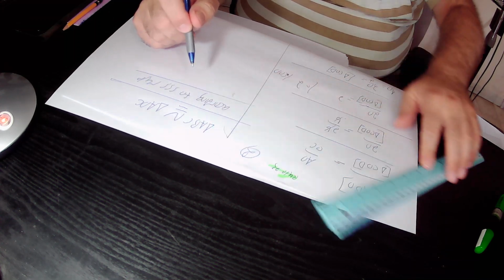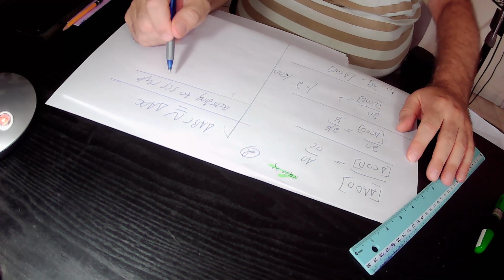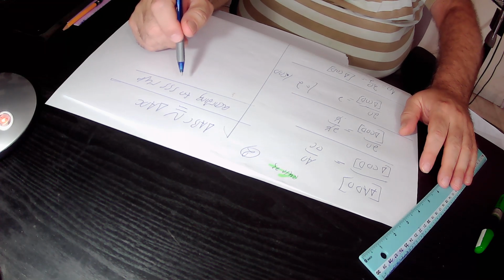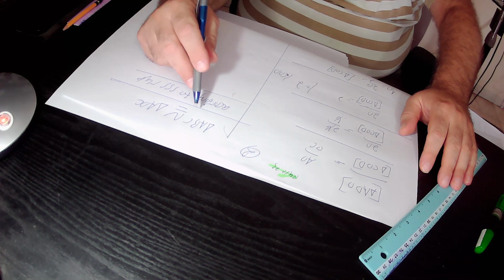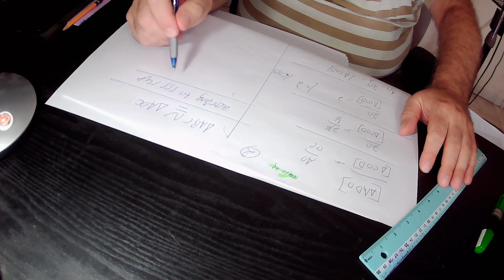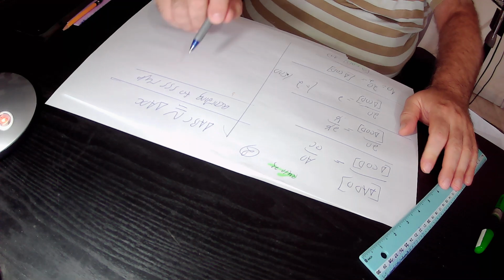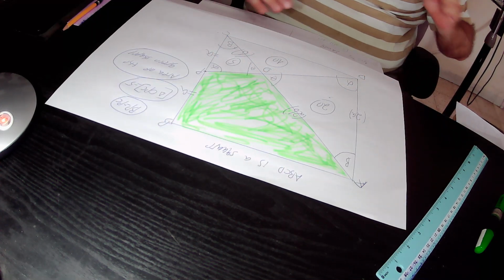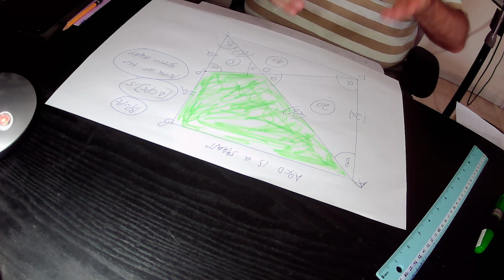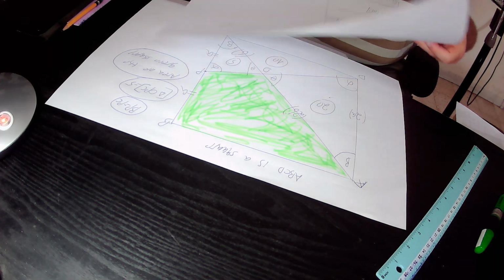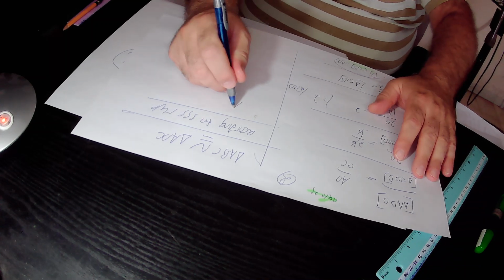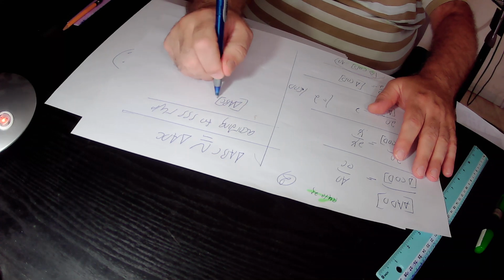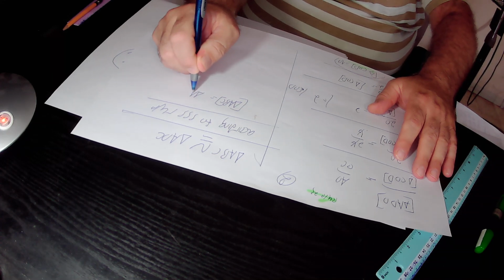Therefore, the two right triangles are congruent to each other according to the side rule. And from the fact that those two right triangles are congruent, we derive that they also have the same areas. That is to say, the area of the right triangle ABC is equal to the area of triangle ADC.